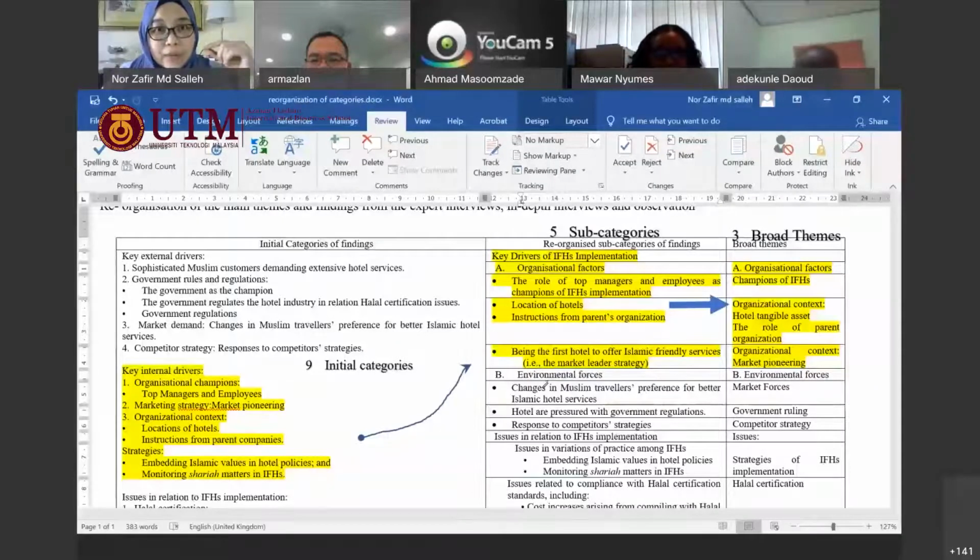Because in experimental studies, we are targeting to see whether the intervention is effective or not. So instead of giving a questionnaire, we can interview the participants.